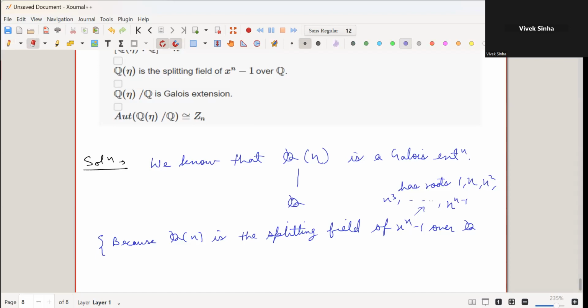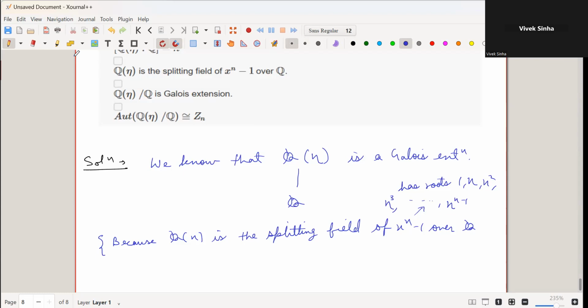All these roots are present in Q of zeta, and it's the smallest field containing all the roots. Thus the second option is correct. That is, it's a splitting field of x^n minus 1 over Q.